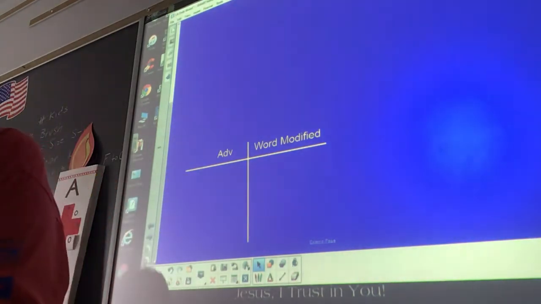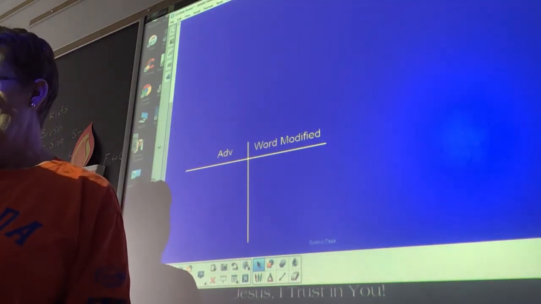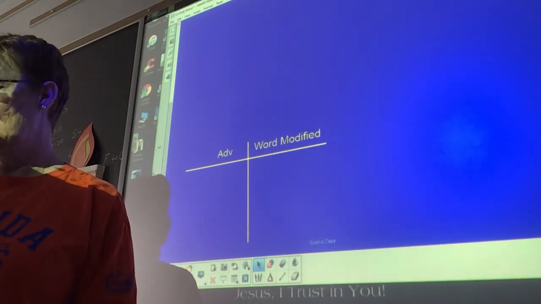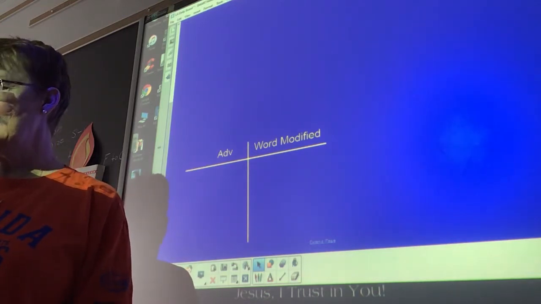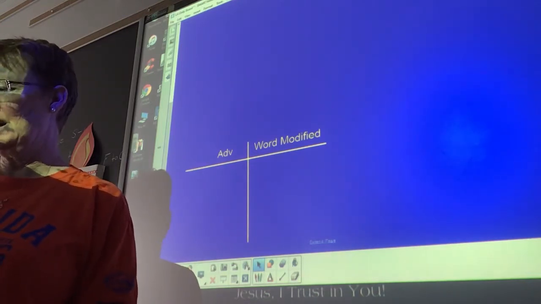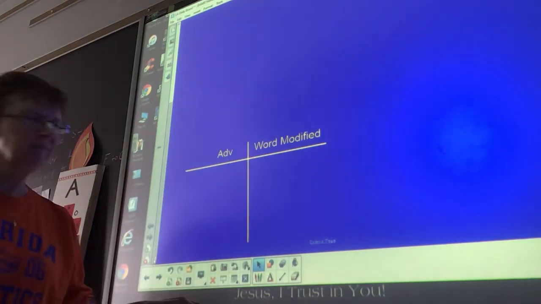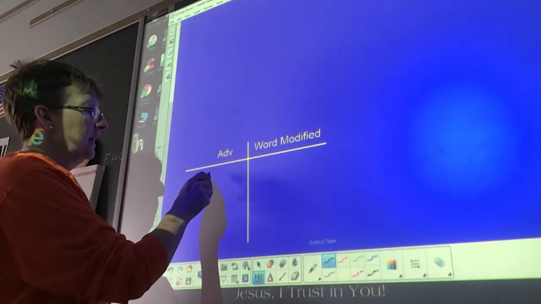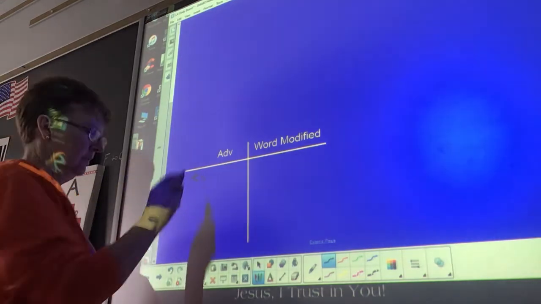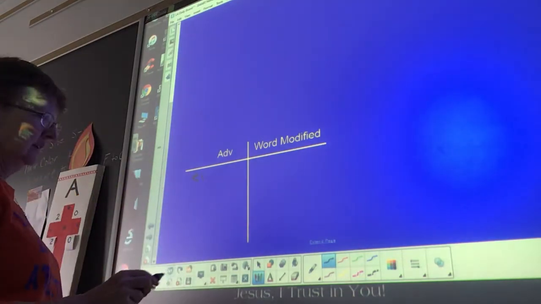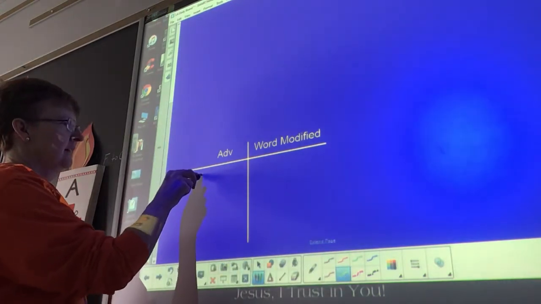So on page 418, we're going to do 2 and 4. Number 2, the group holds extremely lively discussions. Extremely lively discussions. Well, the word here that is the adverb is extremely.